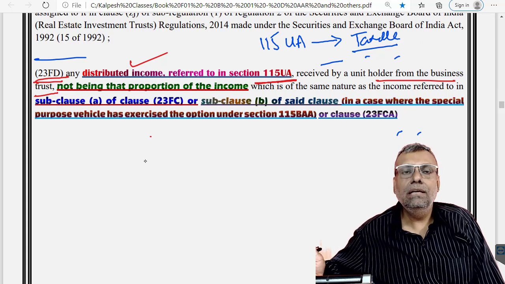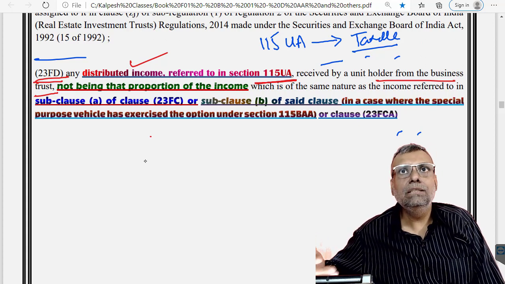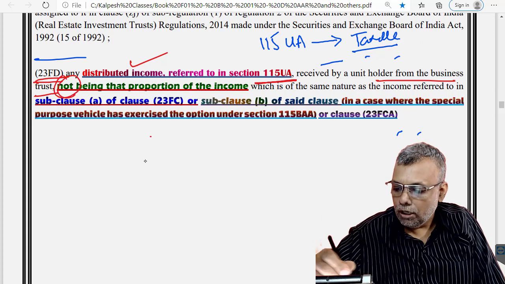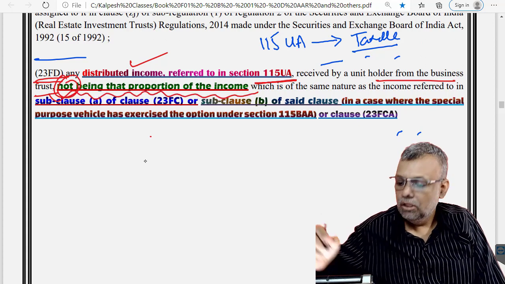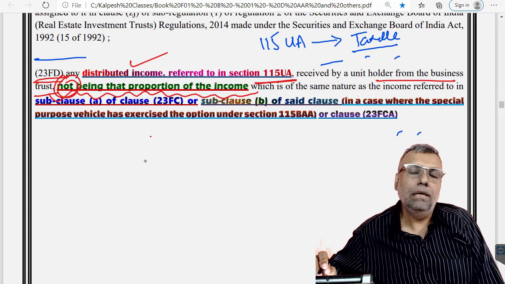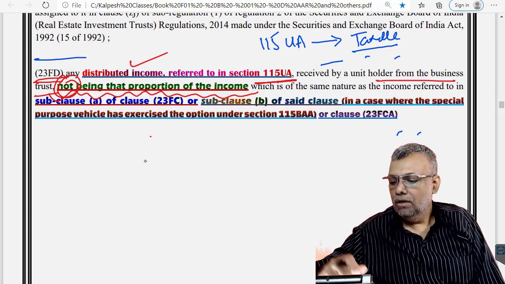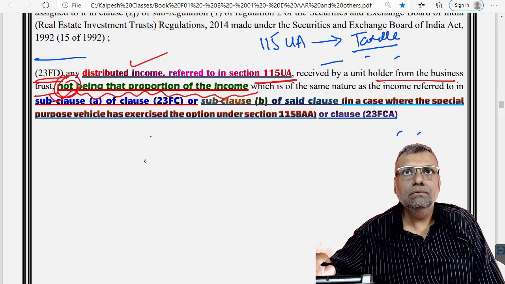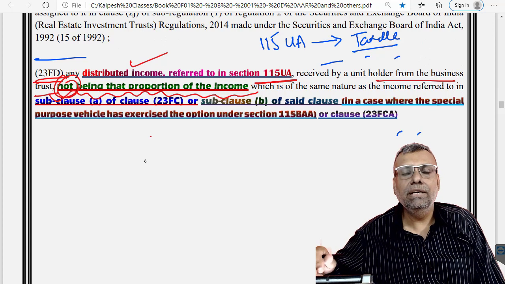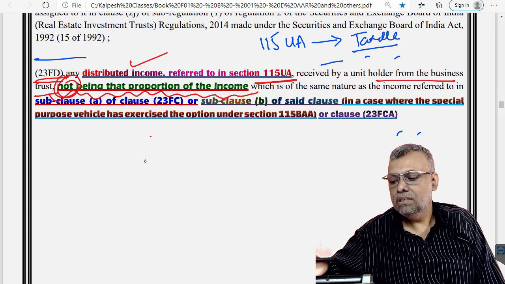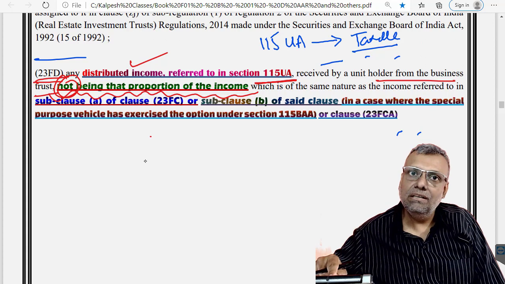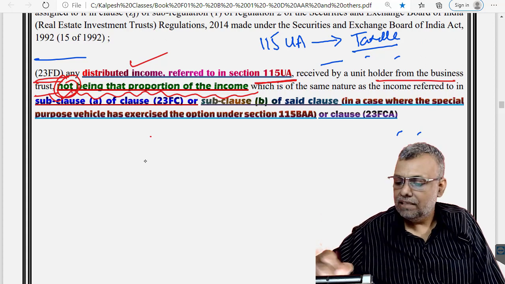So basically whatever income that you are distributing will be eligible for the exemption, not being the excluded items. Logically, whatever is the exempt income in the hands of the business trust cannot again be given the exemption here, a repeated exemption. That's the reason there is an exclusion.